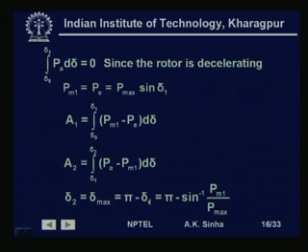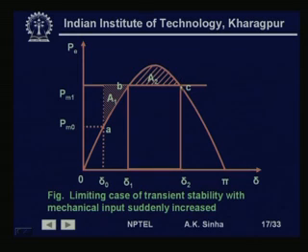So, pi minus delta 1 is what tells us the maximum value, which is pi minus sine inverse P m 1 by P max. So, this way we can find out the stability limit for the system, that is how much power we can increase so that the limit is reached.